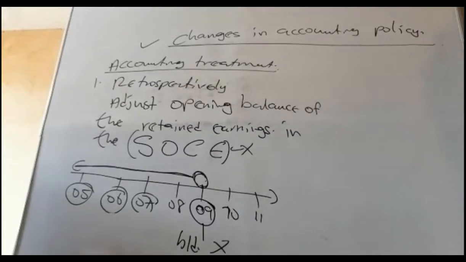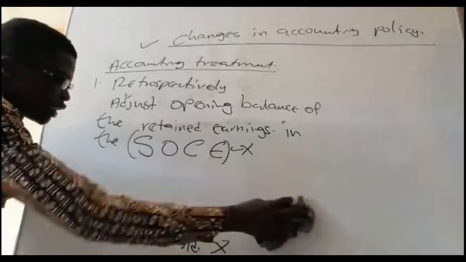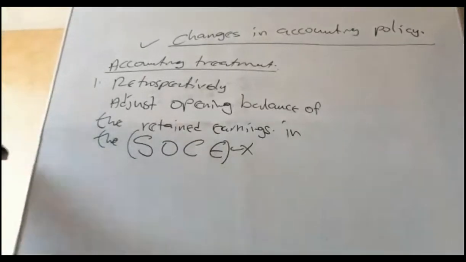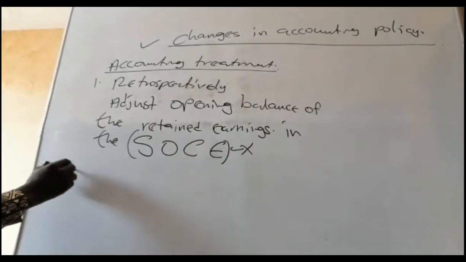And then second, comparative information must be restated. That's the second accounting treatment. In fact, the treatments are only two.